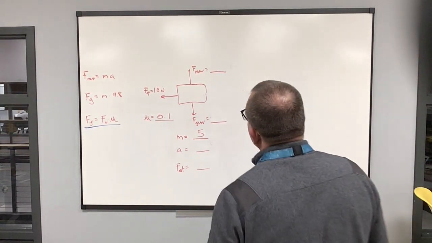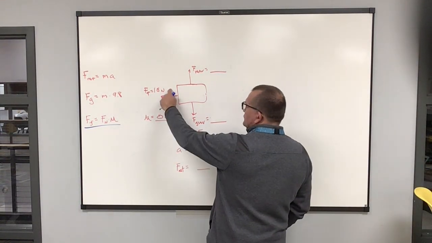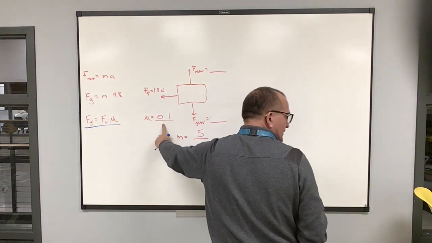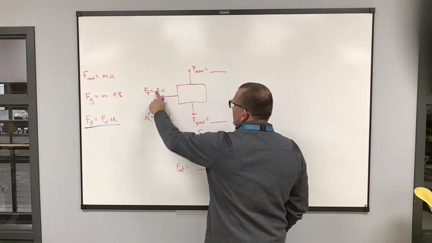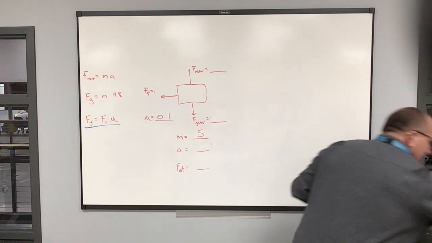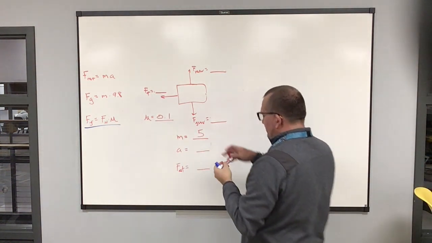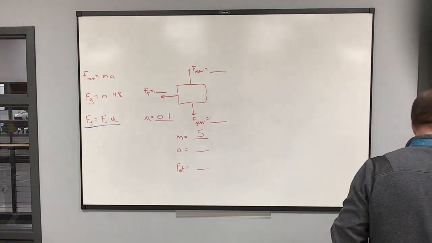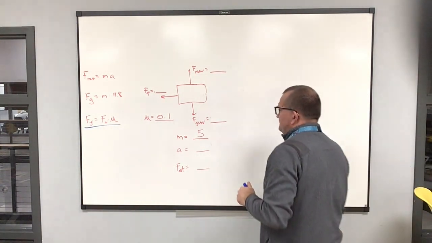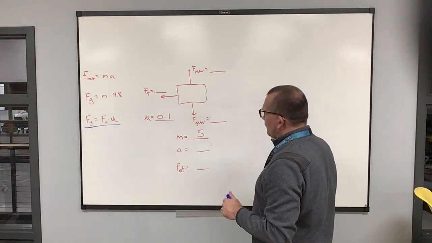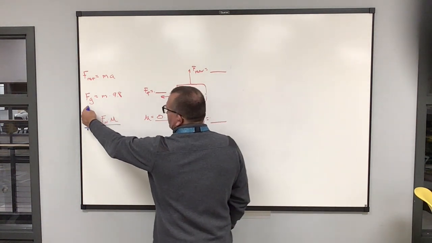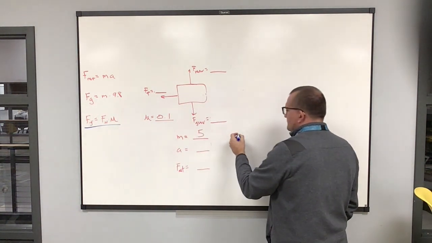Okay, a little different. We have a force of friction of 10 newtons, and we have a mu of, I'm sorry, we don't have a force of friction. We don't know what that is. My bad. Our force of friction is unknown, and our mu is 0.1, and our mass is 5 kilograms. So things we can solve for. Well, let's start off with this. Force of gravity equals mass times 9.8.